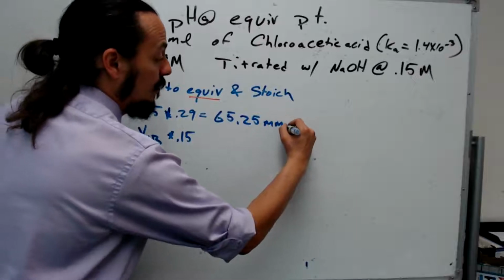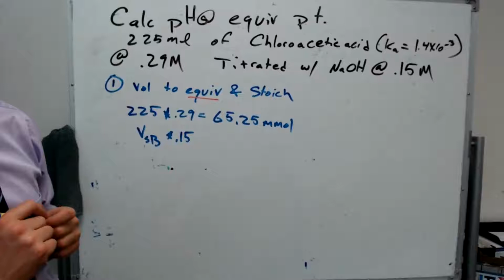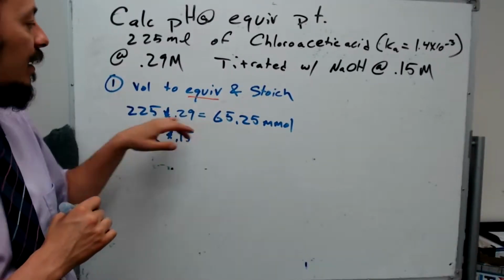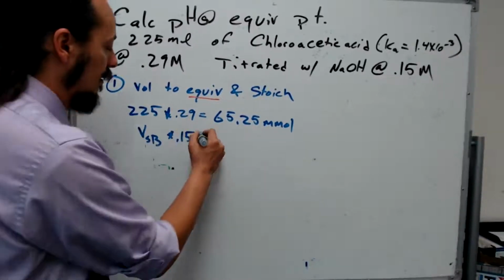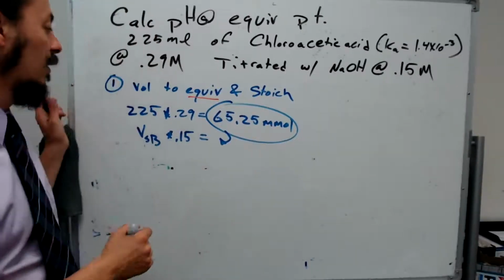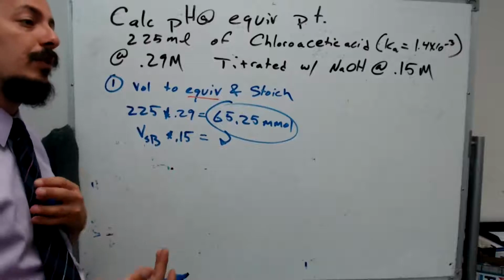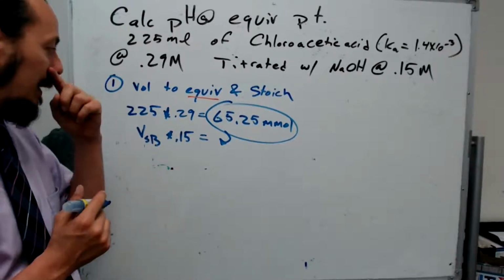That's going to be in millimoles. That's 65.25 times 10 to the minus 3 moles. We know because of the equivalence point that this MV has to be equal to this MV. This number is also going to be here. This means we can do an M1V1 equals M2V2, not because we're doing a dilution where moles are equal, but because we're at this particular point where we define moles to be equal.